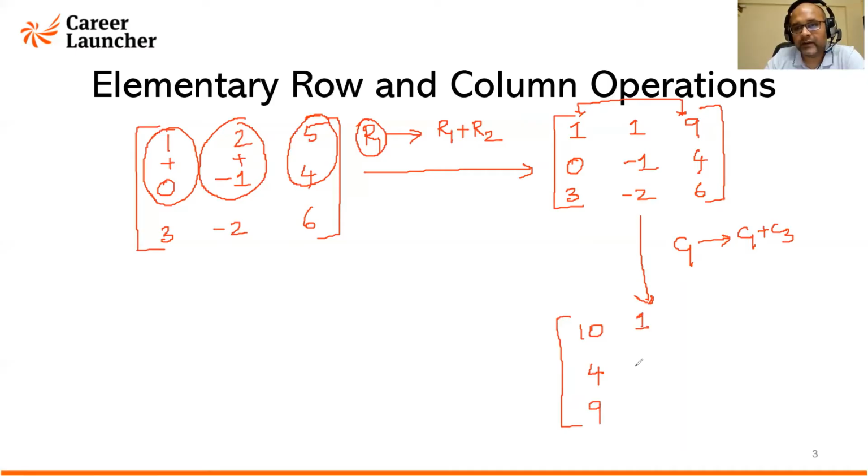Then you have 1, minus 1 and minus 2, 9, 4 and 6. And this becomes the column addition that we have just done. This is the third common elementary operation in a matrix.